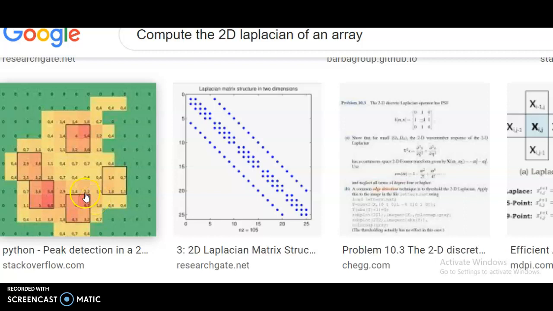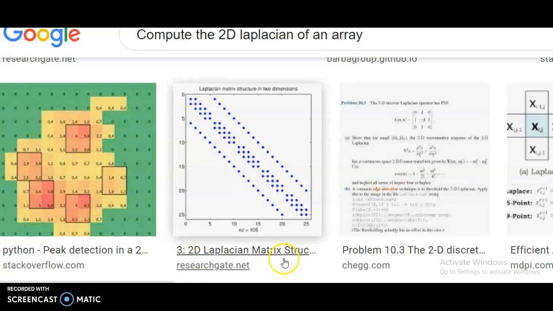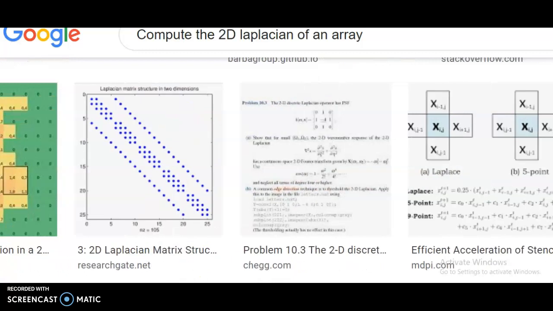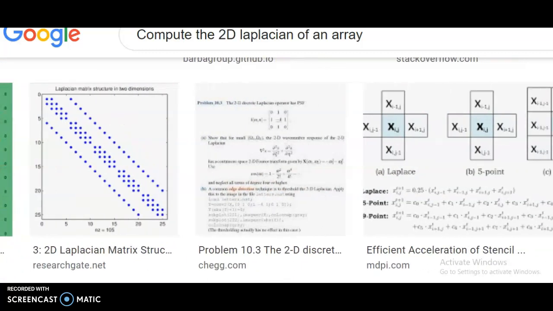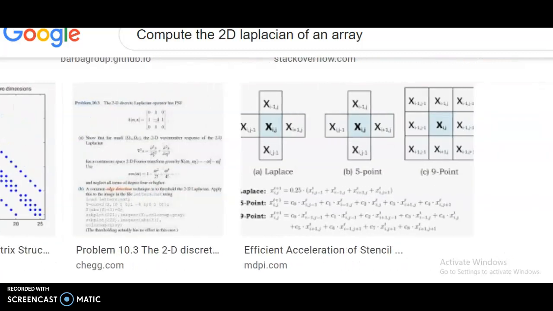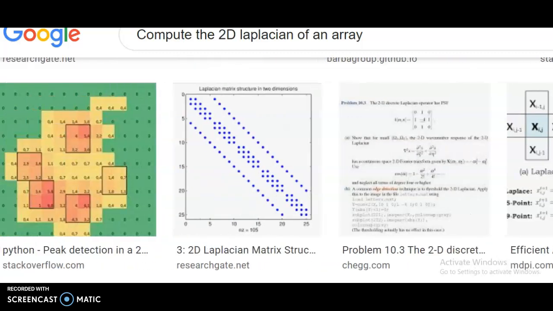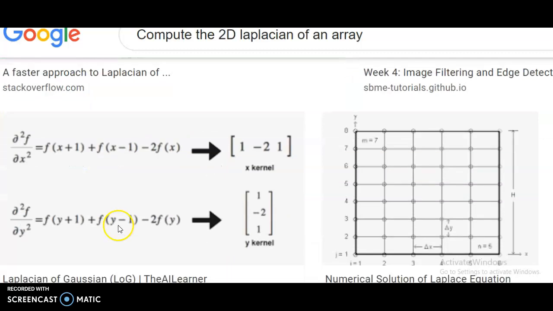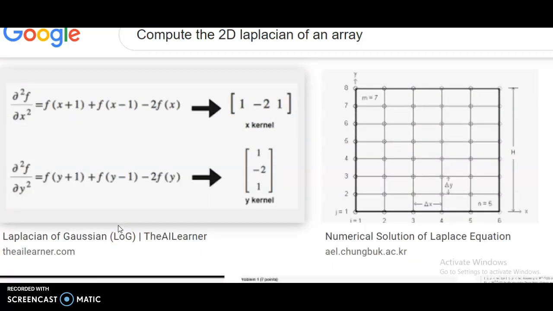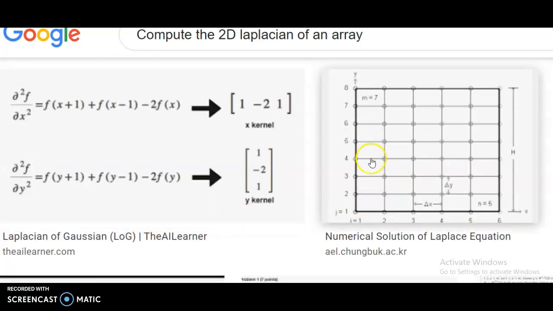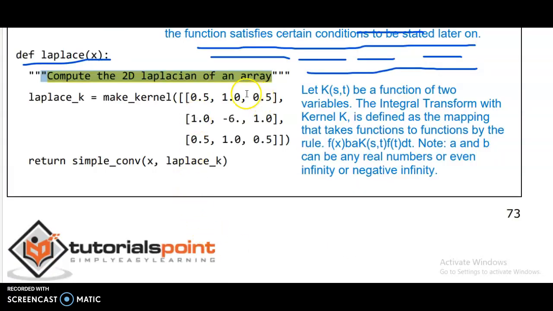Python peak reduction in the Laplacian matrix structure. Efficient acceleration of the stencil. Numerical solution of the Laplacian transform. Example, so like this.